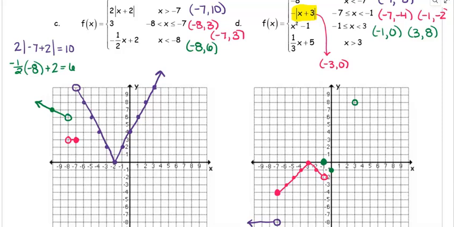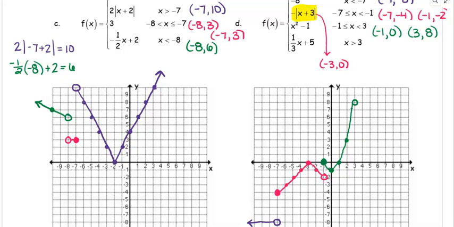If I plug 1 in, 1 squared minus 1 is going to give me 0, so I have 1, 0. If I plug 2 in, 2 squared minus 1, that's 4 minus 1, which will give me 3. I have 2, 3. And I've just figured out what the rest of that graph for my parabola for that x squared is going to look like.